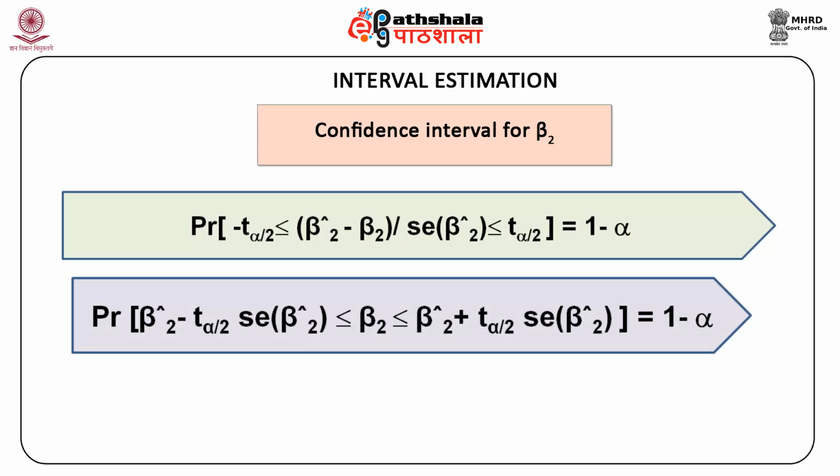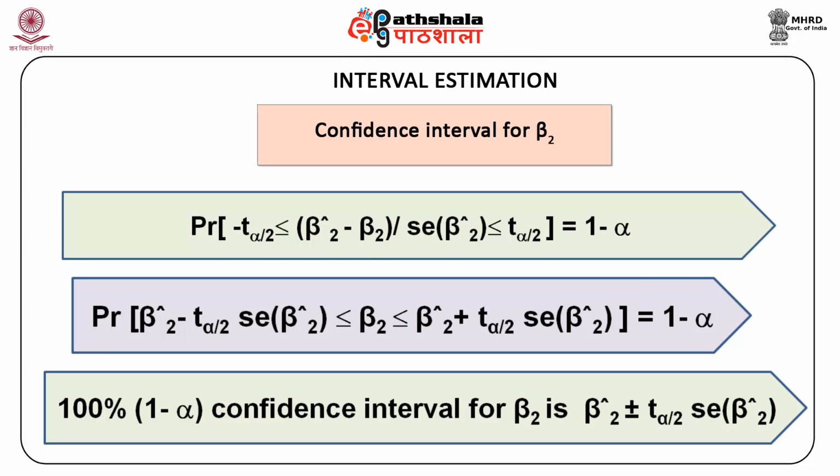That is, Pr[beta hat 2 minus t alpha divided by 2 SE beta hat 2, which is less than beta 2, which is less than beta hat 2 plus t alpha divided by 2 SE beta hat 2] is equal to 1 minus alpha. And the 100 times (1 minus alpha) percent confidence interval for beta 2 is beta hat 2 plus or minus t alpha divided by 2 SE beta hat 2.